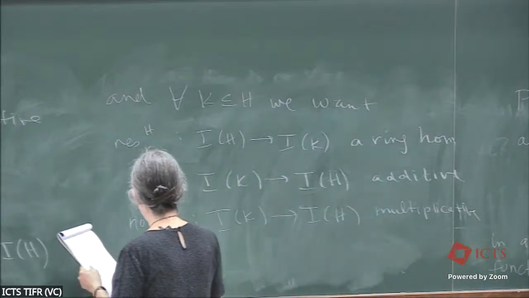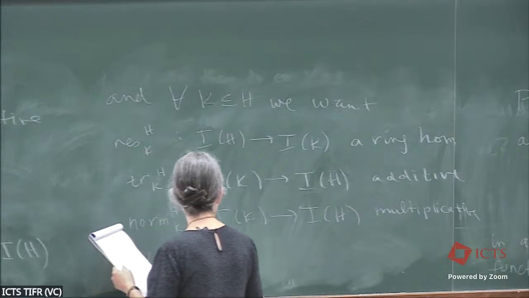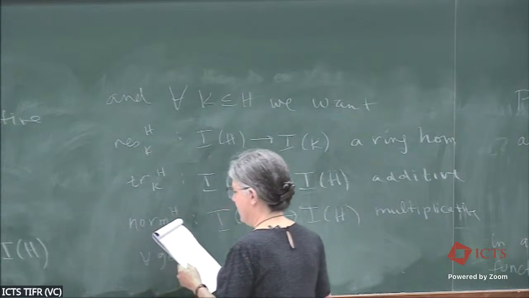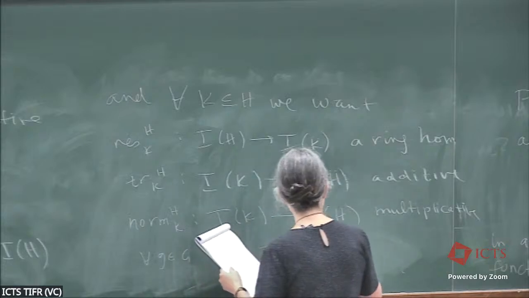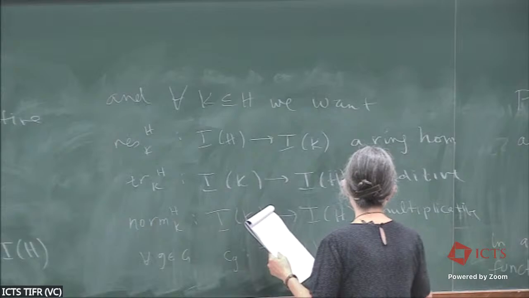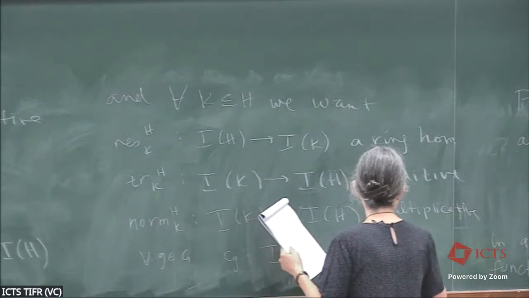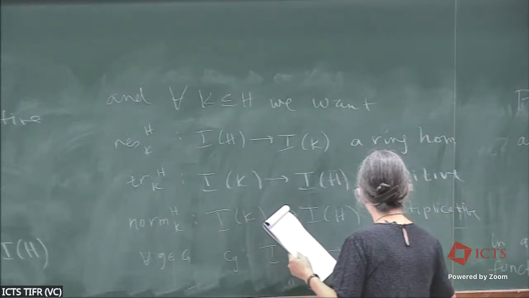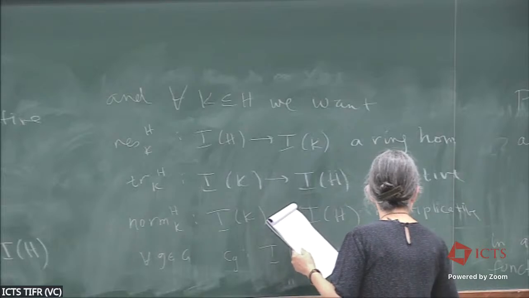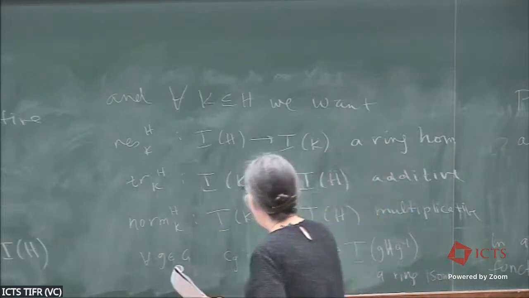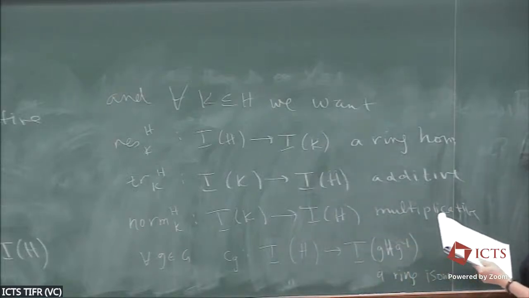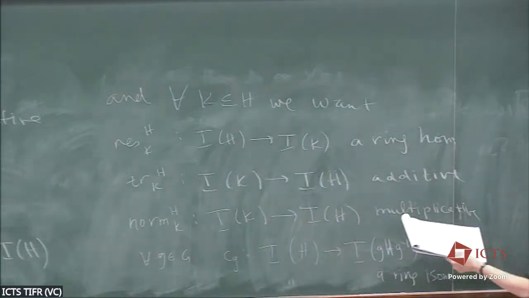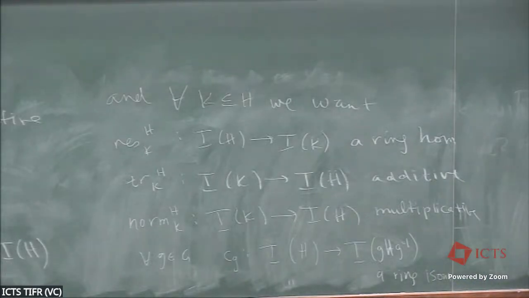And for all g in G, c_g from TH to T of gHg inverse, and that's a ring isomorphism. And all these guys behave nicely with respect to compositions, and they behave in the obvious way with respect to conjugation.